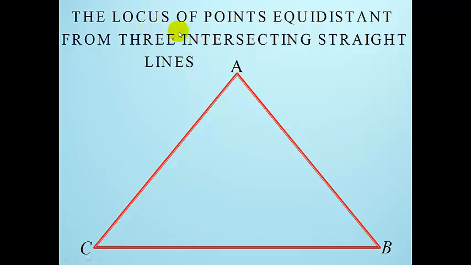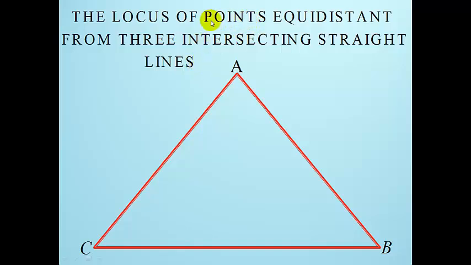If you want to construct the locus of point equidistant from these 3 straight lines, what we do is to bisect any of the 2 angles. It can either be angle C and angle A, or angle A and angle B, or angle B and angle C. So let's see how best we construct the locus of point equidistant from 3 intersecting straight lines.